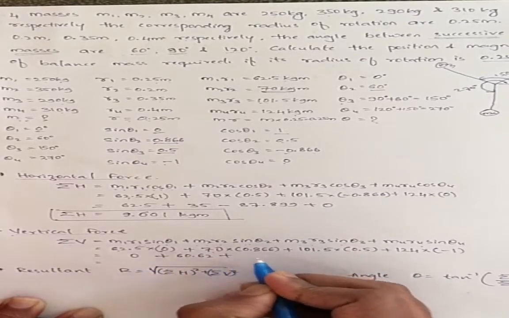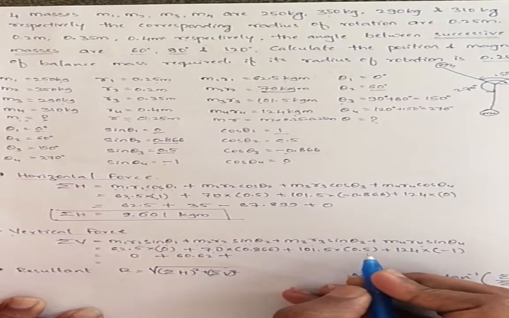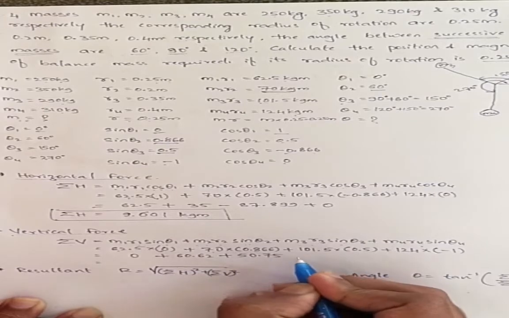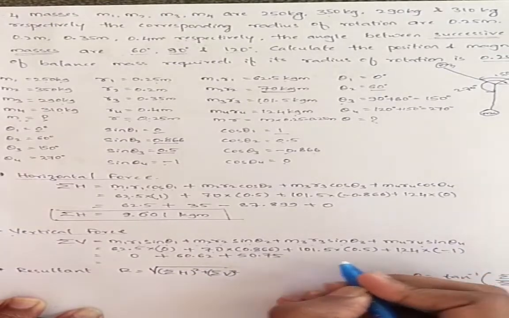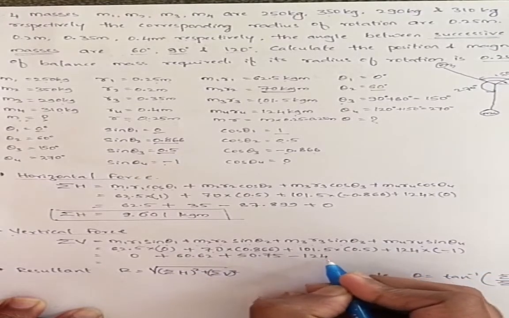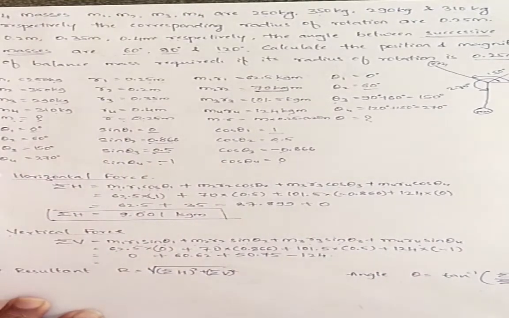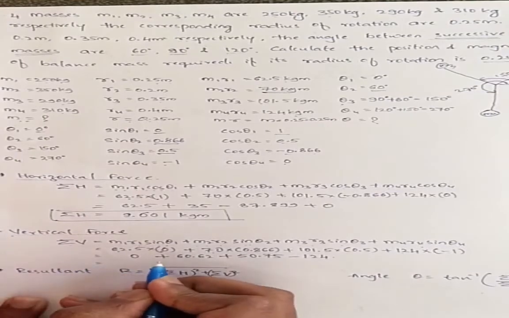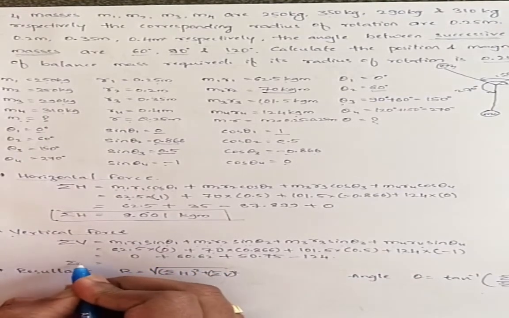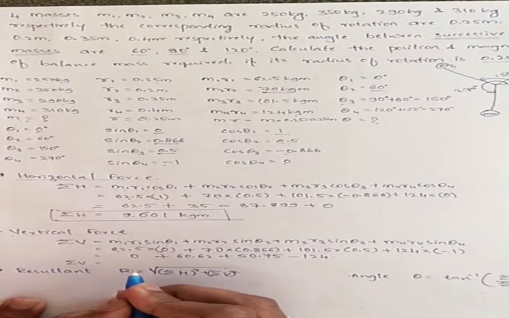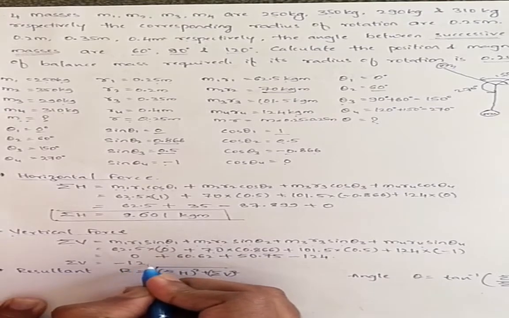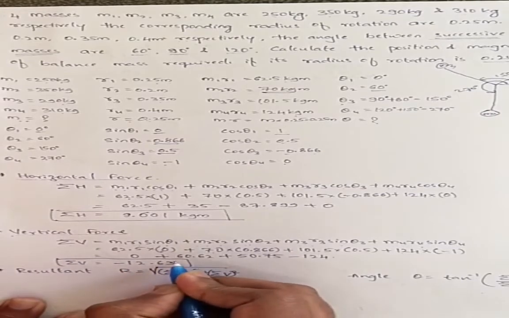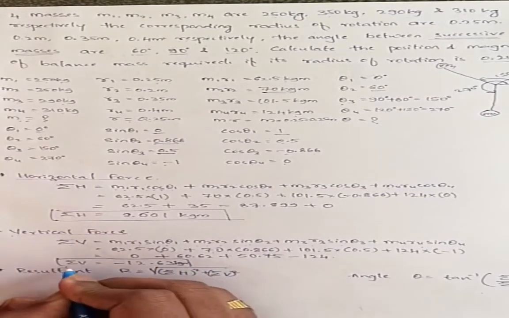Then 101.5 into 0.5 gives 50.75. Then 124 into -1 gives -124. Adding all these, you will get the vertical force as -12.63 kg meter.